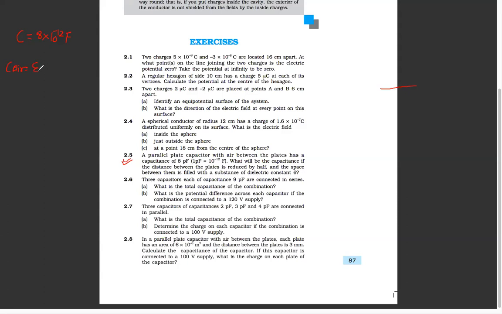Capacitance in air is epsilon naught A by D, which is 8 into 10 raised to the power minus 12 farad. This is the capacitance of a parallel plate capacitor when the medium between the plates is air.